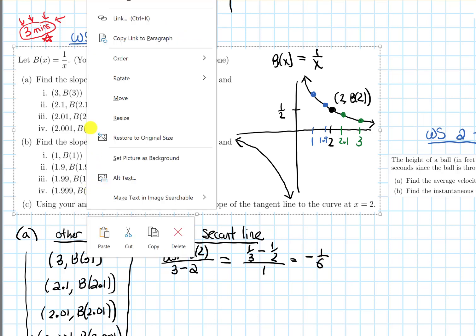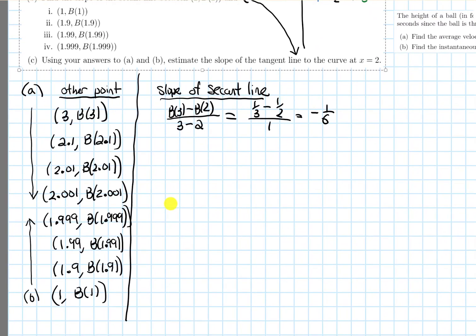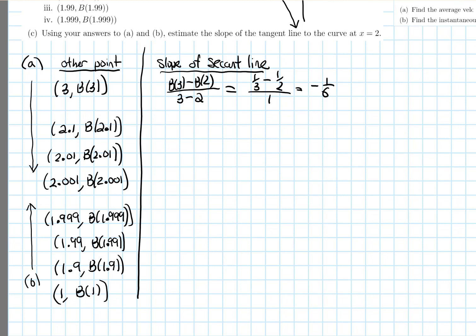Alrighty, so let's do the same type of thing for the next point. I just spaced it out a little bit here. So now if I plug 2.1 in, I'm just going to jump straight into it. If I plug in 2.1, I get 1 over 2.1 minus, if I plug 2 in, I get 1 over 2.